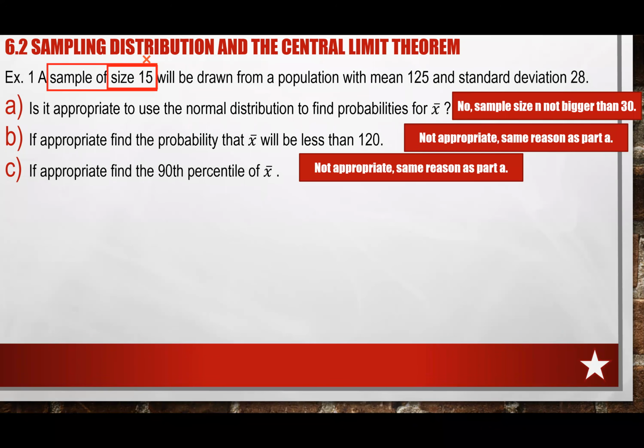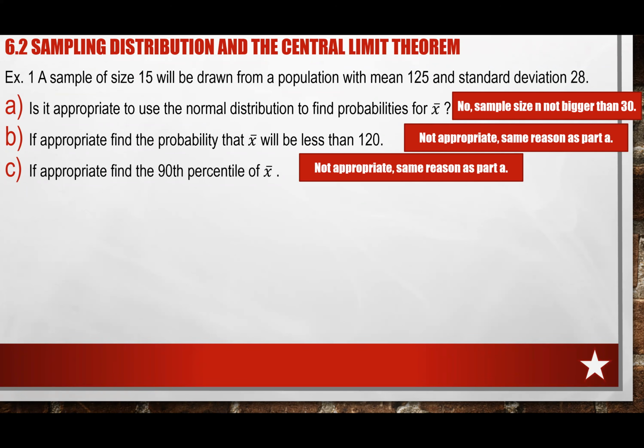You say, wait, Mr. Tran, what do we do if we cannot do it? Well, they just ask you whether you can do it or not, right? In this case, we cannot, because it does not fit the criteria. The criterion is that the sample size has to be bigger than 30.